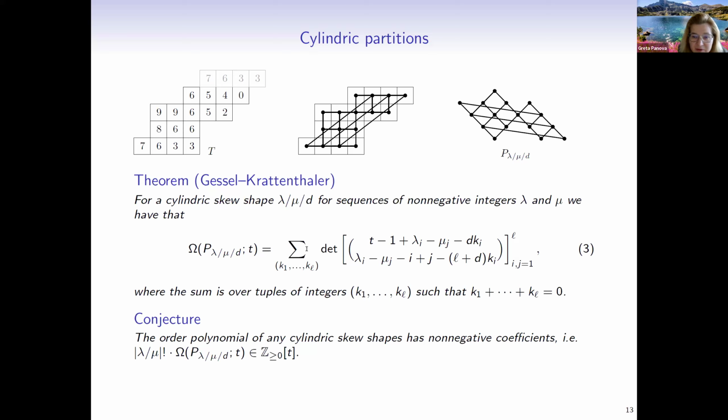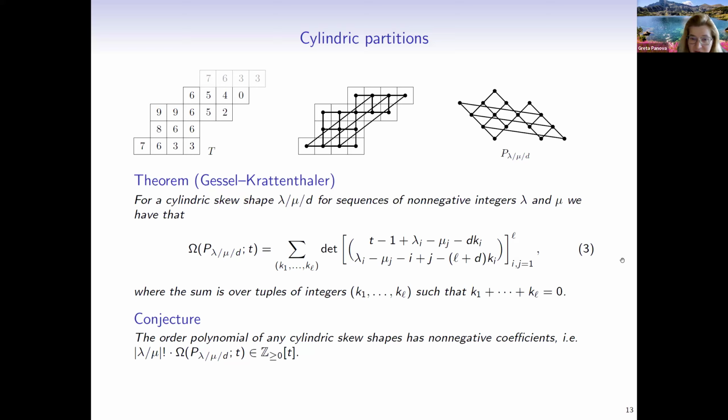And again, there are some ways to compute this with determinants. This time it's a big sum of various determinants, and things become quite complicated. First of all, these posets, as a family, are closed under lower and upper order ideals.